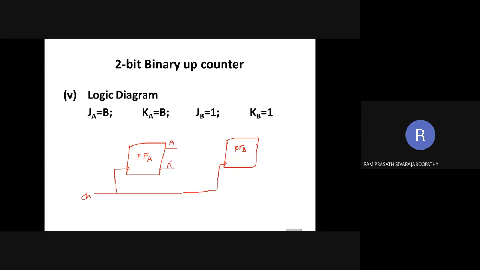Similarly, here we will be having B, B bar. Here we have 2 inputs, JA and KA. Similarly, for this flip-flop, we have two inputs, JB and KB.